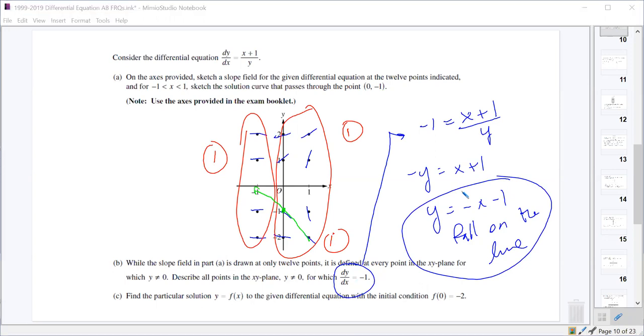And that's all you had to do for part B, which was just to give a description of those points. The best way to describe them is to say what line they all fall on. And that was worth 1 point. Any questions there with part B?